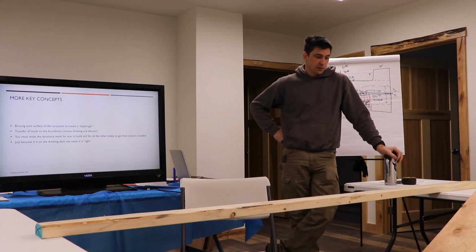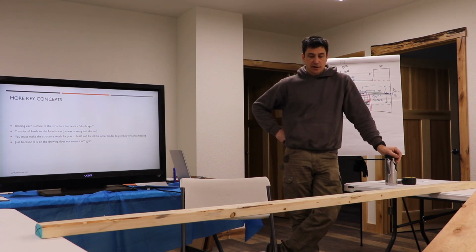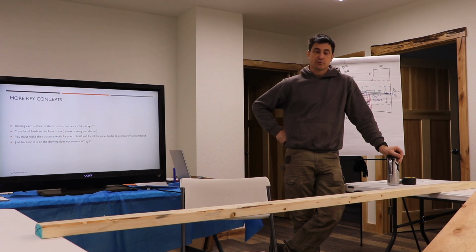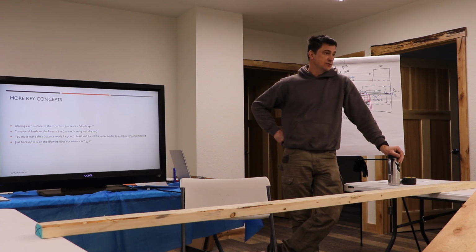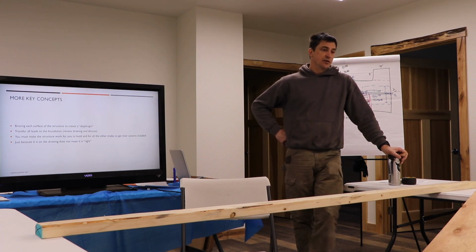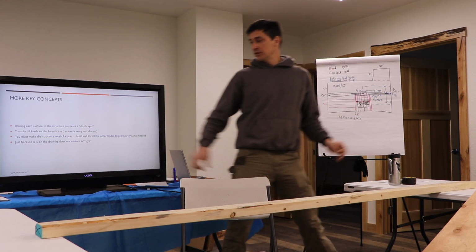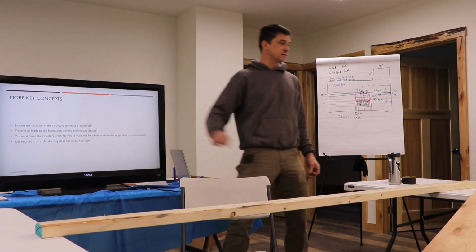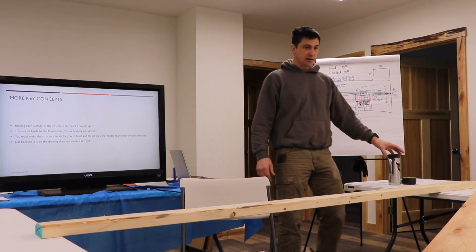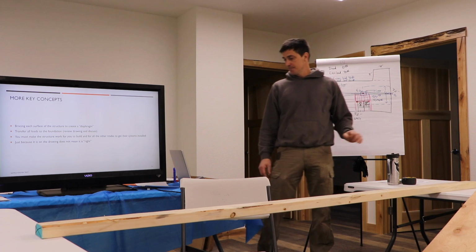Do you not care about the cost? Are you really committed to this type of solution? Because there are ways we could do it more cost effectively that would work just as well. So those are the things: just because it's on the drawing doesn't mean it's absolutely right.